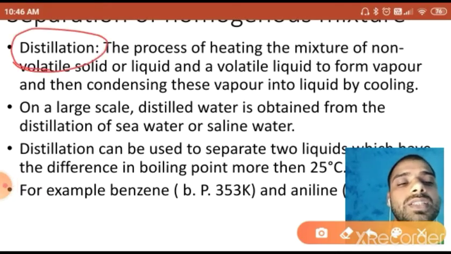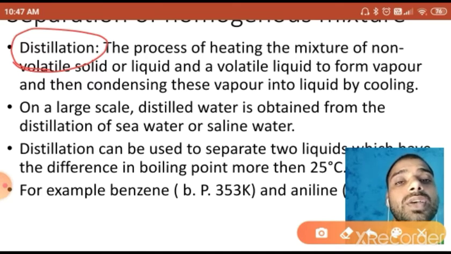First of all, what is distillation? Distillation is a technique by which, after heating, a mixture of volatile and non-volatile liquids can be separated. Non-volatile means a liquid which has a high boiling point; it will also vaporize, but it will take a lot of time.